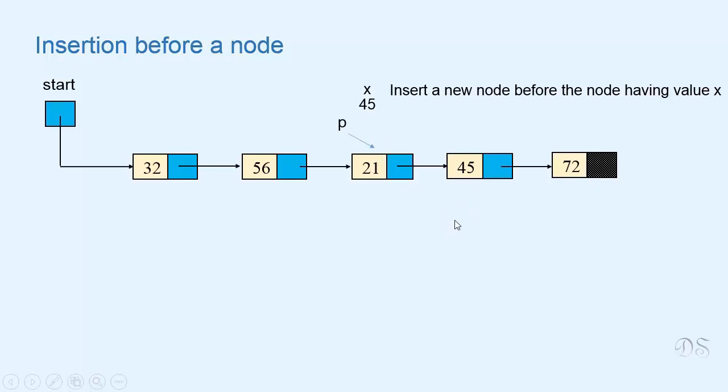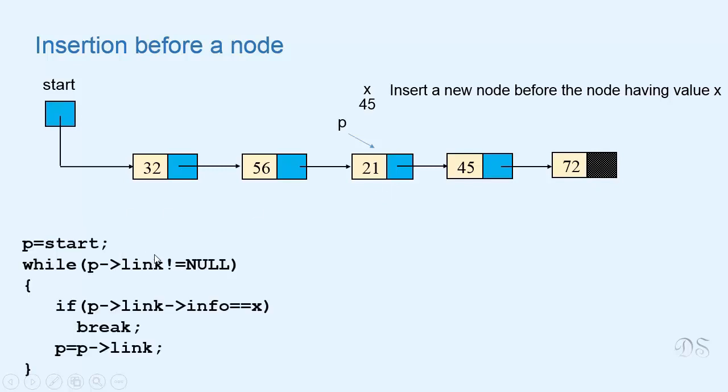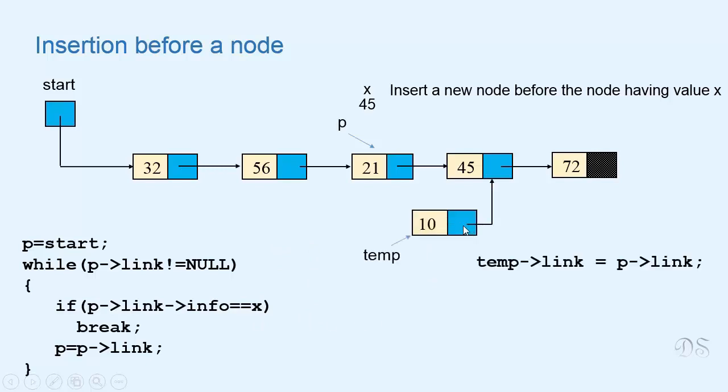So if we have to insert a new node before a node that contains value x, we need a pointer to the predecessor of the node that contains x. We have already seen how we can find this pointer. So this code will give us the pointer to the predecessor of the node that contains x. After finding this pointer, we allocate a new node and insert it here by writing these two statements of insertion. So this is how we can insert a new node before a given node.